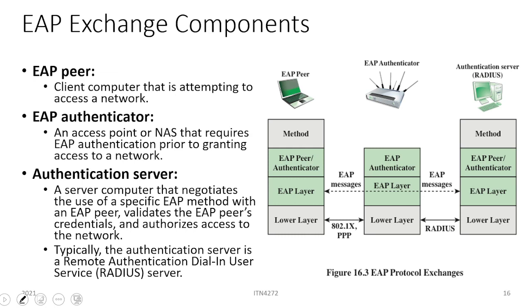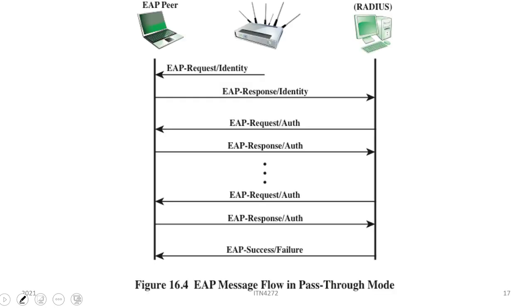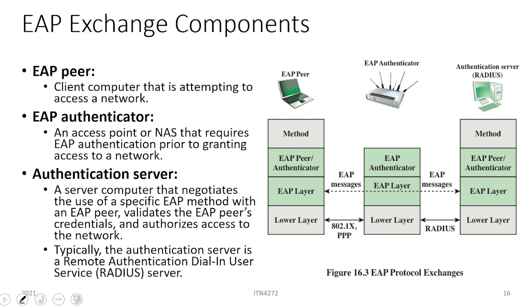So when we think about how this authentication is going to functionally exist as a mechanism, we can look at the components of the EAP exchange. What we have here is what is known as the EAP peer.